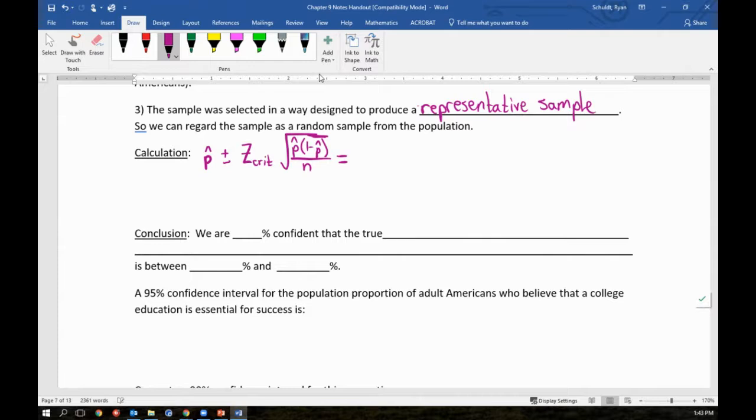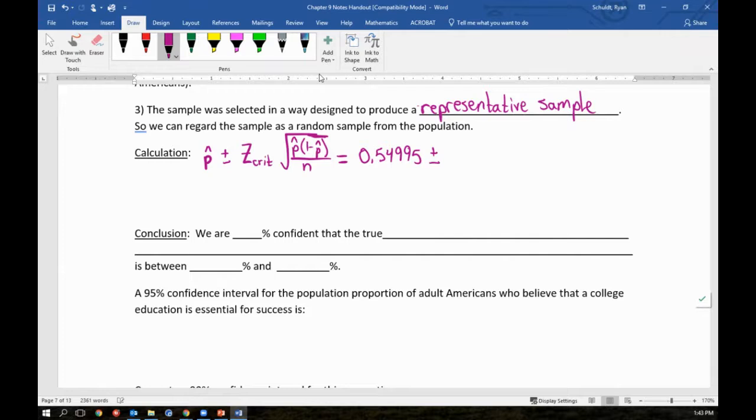Okay, well, our p hat's the one that we calculated at the beginning of this example. So 0.54995 plus or minus.